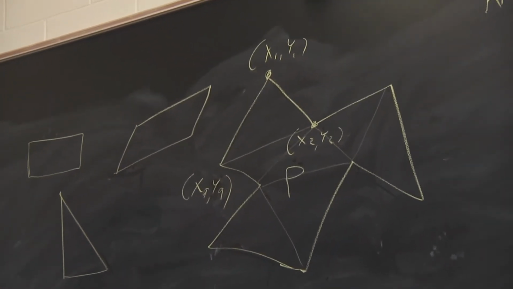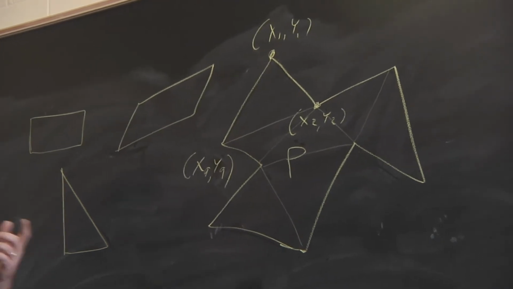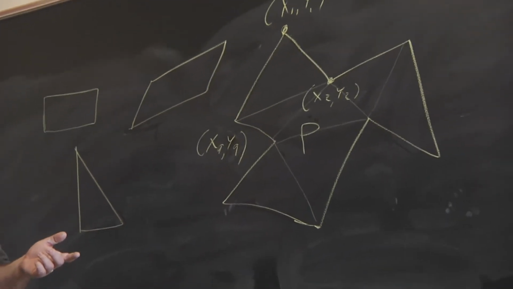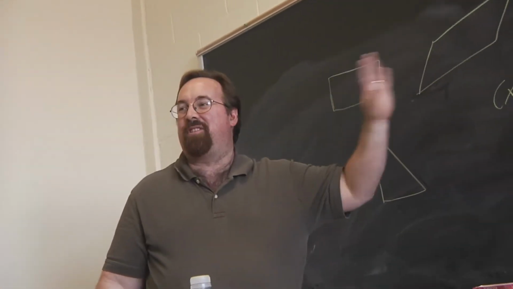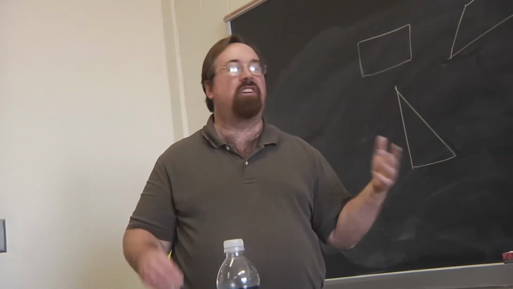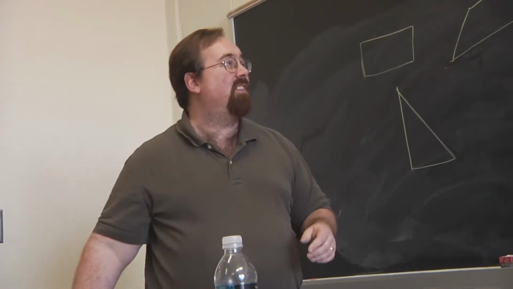All right, that's doable. But now imagine you want to try to find a formula. Taking this approach with any kind of triangulation, and there's more than one triangulation, that's a tall order.